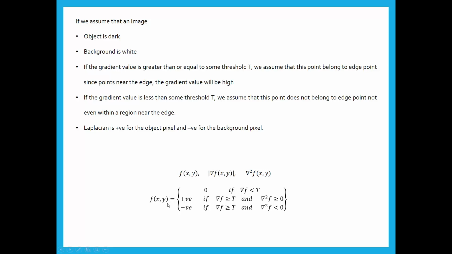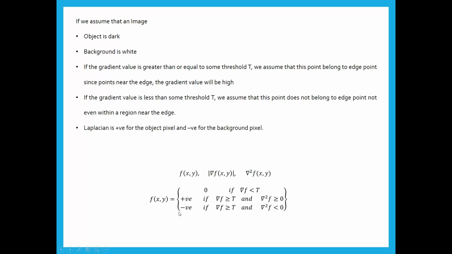f of x comma y is equal to positive if the gradient is greater than or equal to a certain threshold value T and del square f is greater than or equal to 0. So positive represents the object pixel.